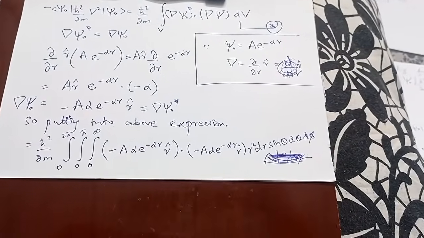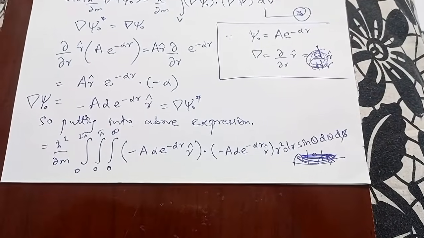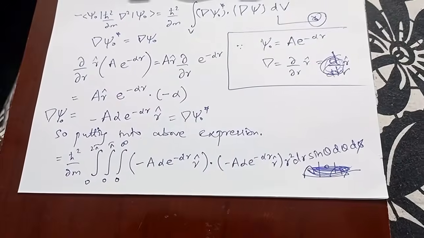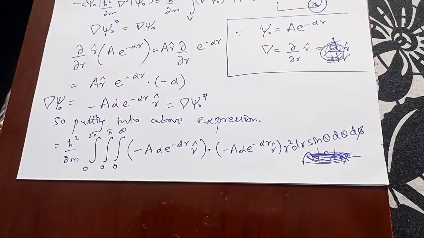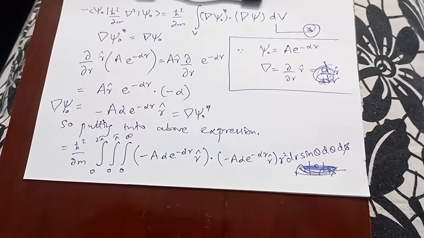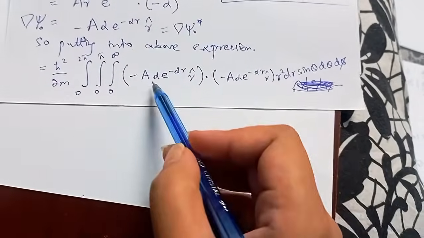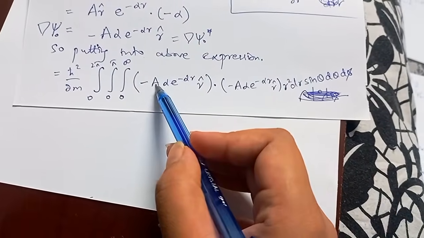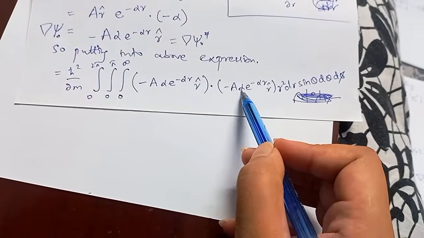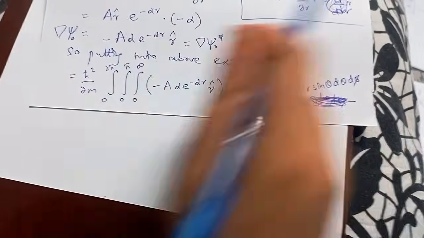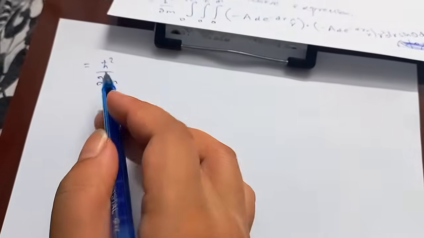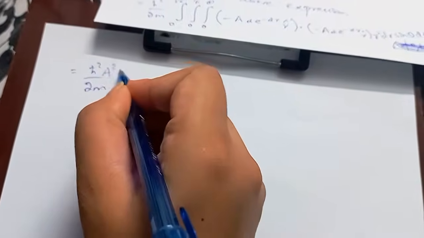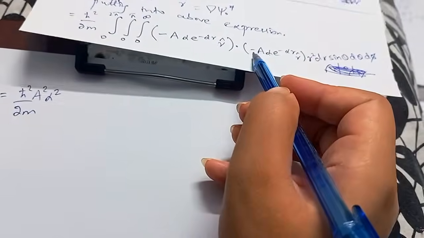Now we need to separate the integrals on theta, phi and r and see what we get. Here we can see A and A become A square, alpha and alpha become alpha square. We can take them outside of the integral. So with h cut square by 2m, here we can write A square alpha square, minus minus becomes plus.